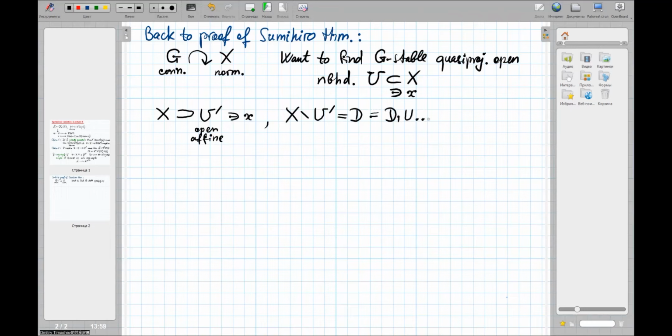Okay. So now the second lemma, which I need for the proof, says that each of these prime divisors, each of these Di, is Cartier.